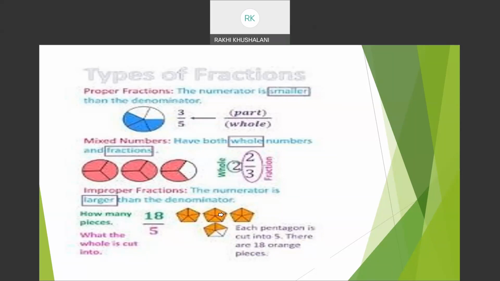But the point is, the denominator, the numerator has got an advantage. It only talks about the number of pieces I'm talking about.